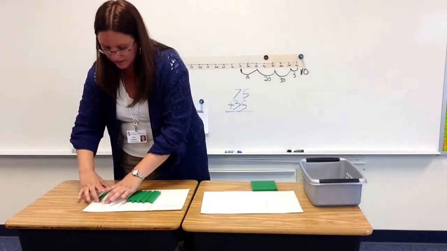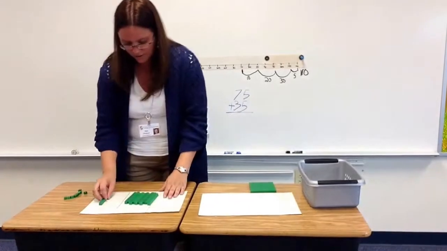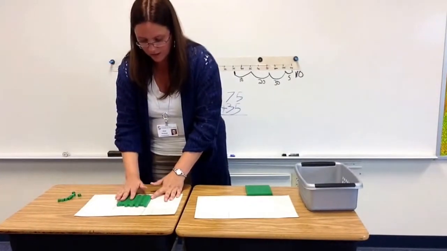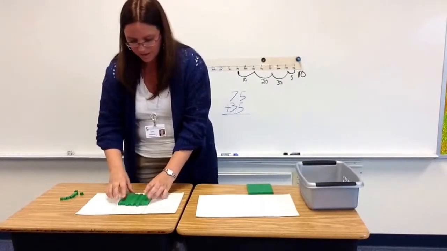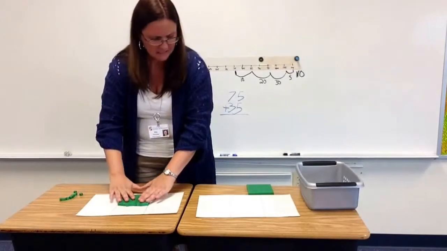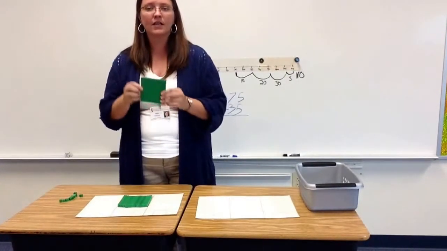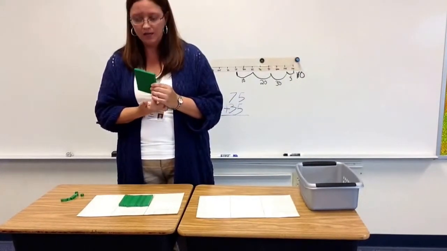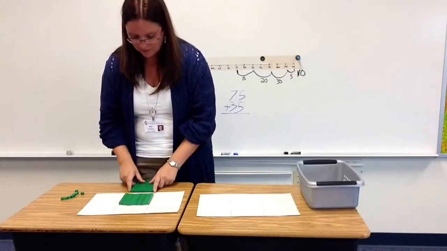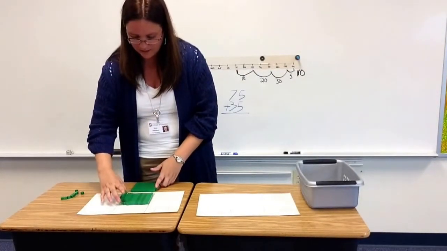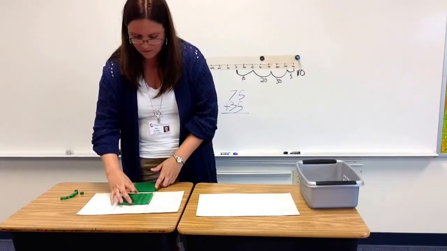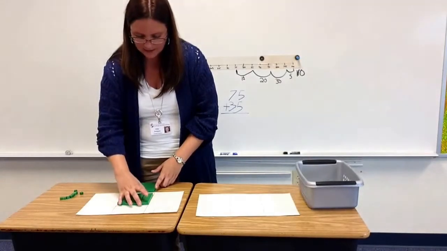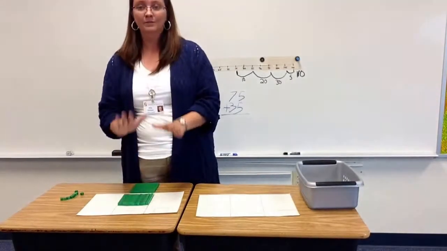So we're going to get rid of this because we are borrowing, which means we're regrouping. There's one regrouping. Now, it looks like we've got a lot of these tens, and we said that it took 10 tens to equal 100. Let's see how many we have. 1, 2, 3, 4, 5, 6, 7, 8, 9, 10, 11. More than 10.